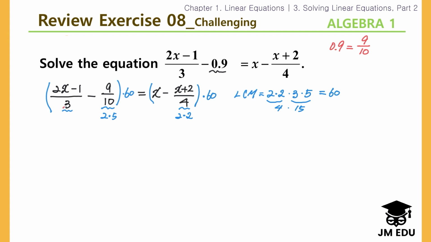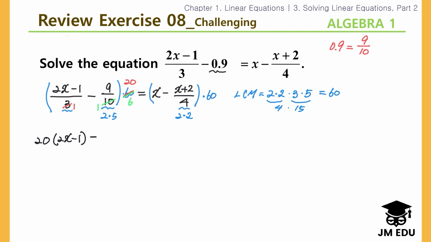3 times 1 is 3, 3 times 20 is 60. So we have 20 times 2x minus 1 minus, we have 10. So 10 times 1, 10 times 6, right?